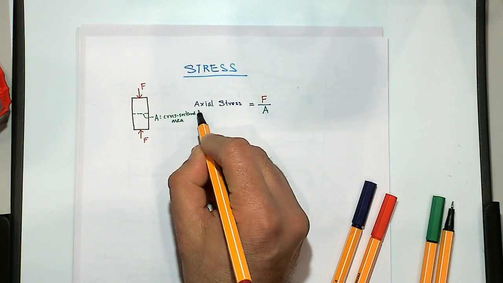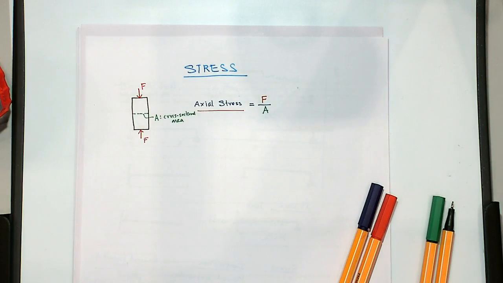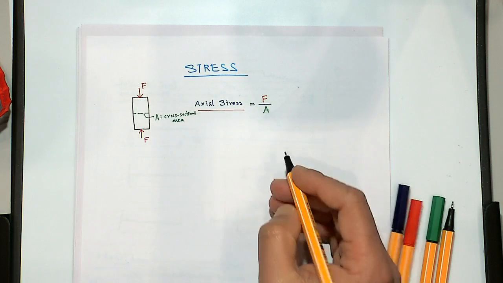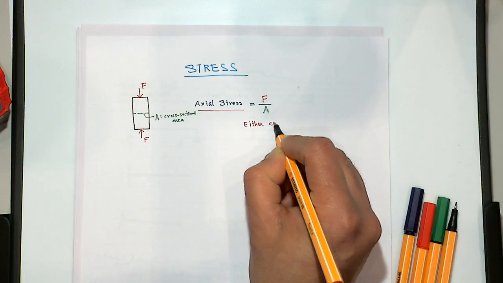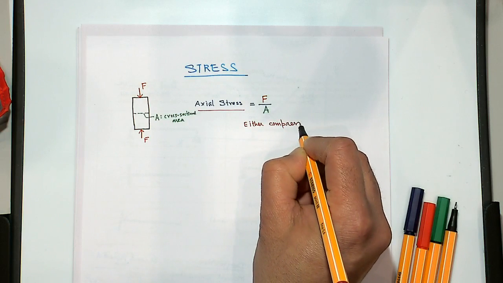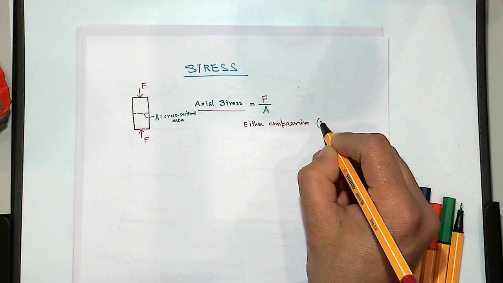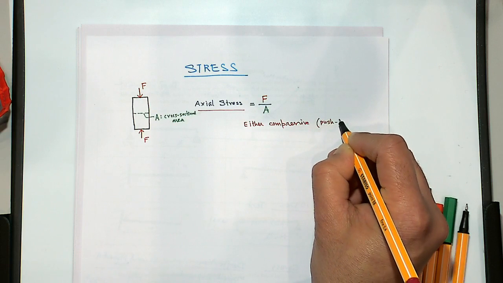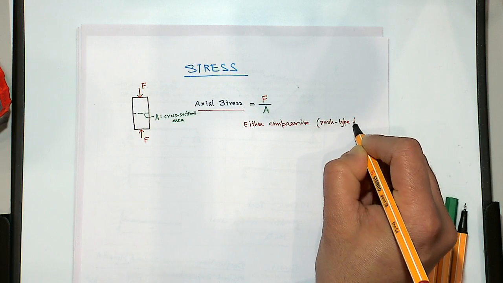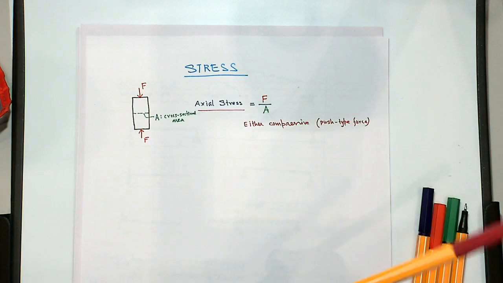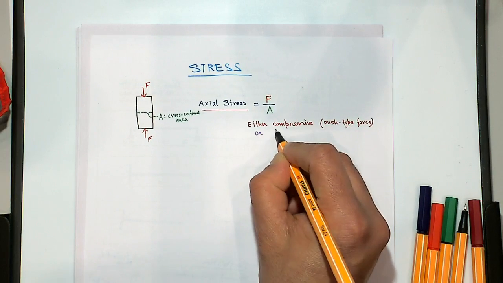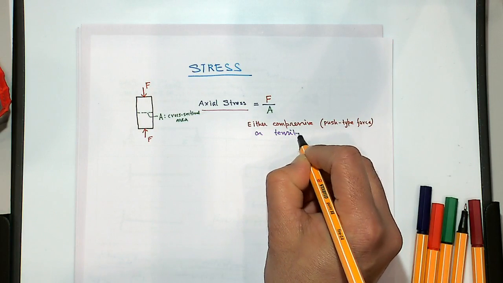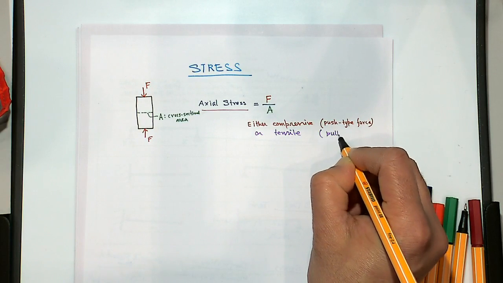Now this axial stress could be either compressive or tensile, depending on the direction that it is shown. Compressive is a push type of force, and tensile is primarily a pull type force.